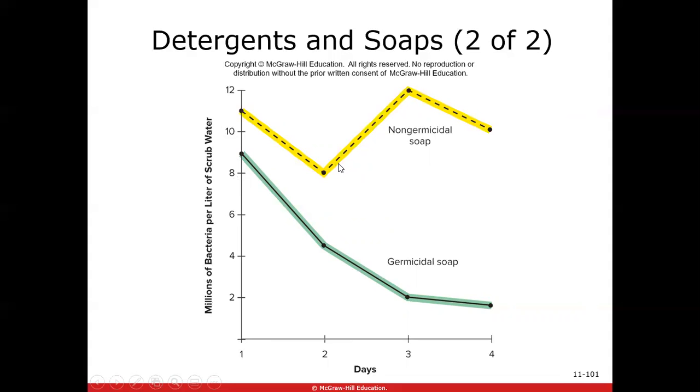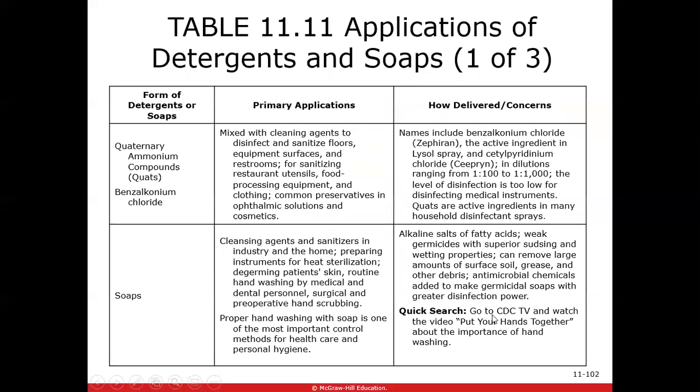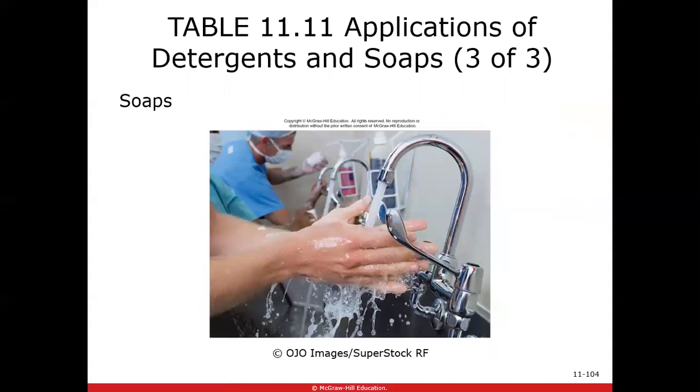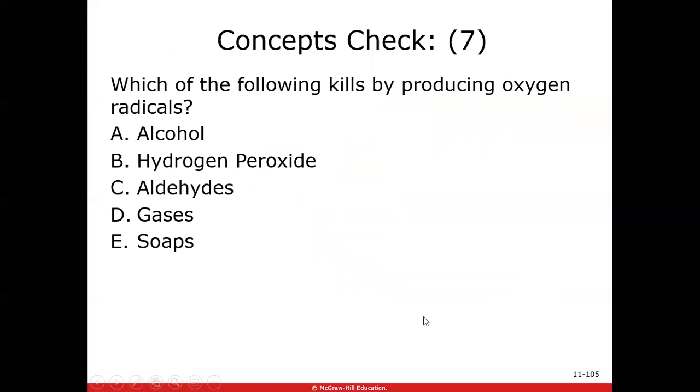If you clean but don't rinse, then you still have a high level of microbials present. If you have a germicidal that's in the soap as well, then you see the number of bacteria decreases over time. Okay, so you can look at these. And it's very important in terms of washing.